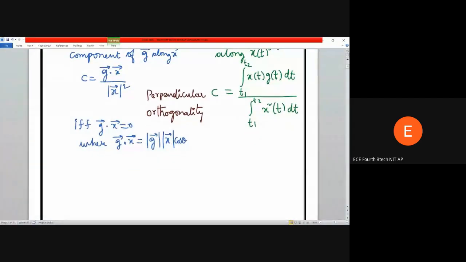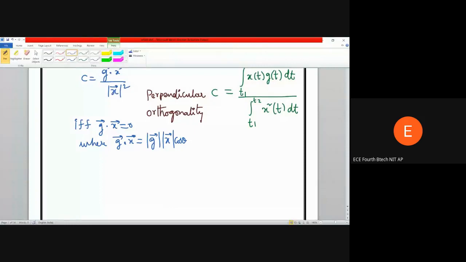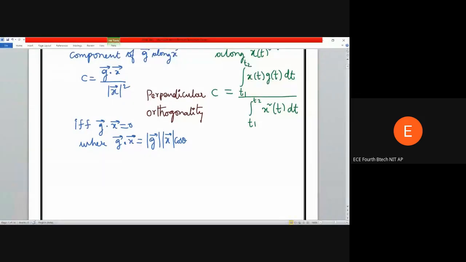And for the signals case, we defined two signals to be orthogonal if and only if integral t1 to t2 x of t g of t dt is equal to 0. If you satisfy this condition, then you can say that these two signals are orthogonal in nature.